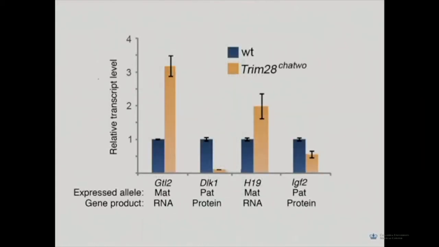And we wanted to know, and here's a further example. We're looking at a series of imprinted genes, H19 and IGF-2 I've already described. So the changes in expression are very similar to those that you see in a DNMT1 mutant. It's lost almost all DNA methylation.